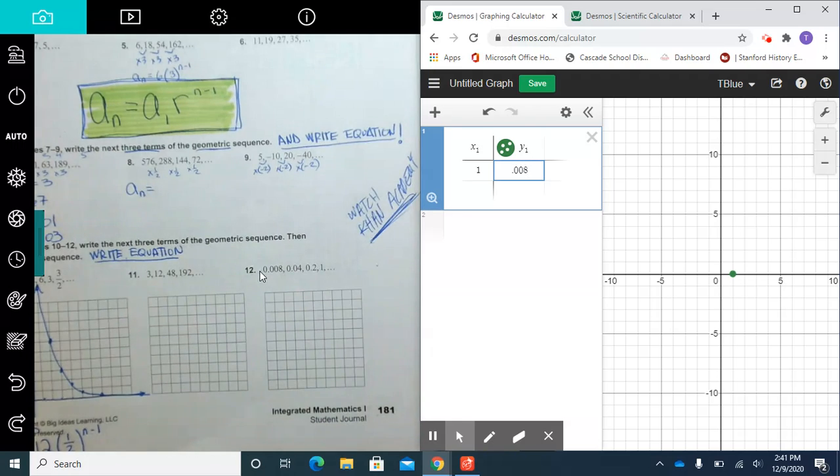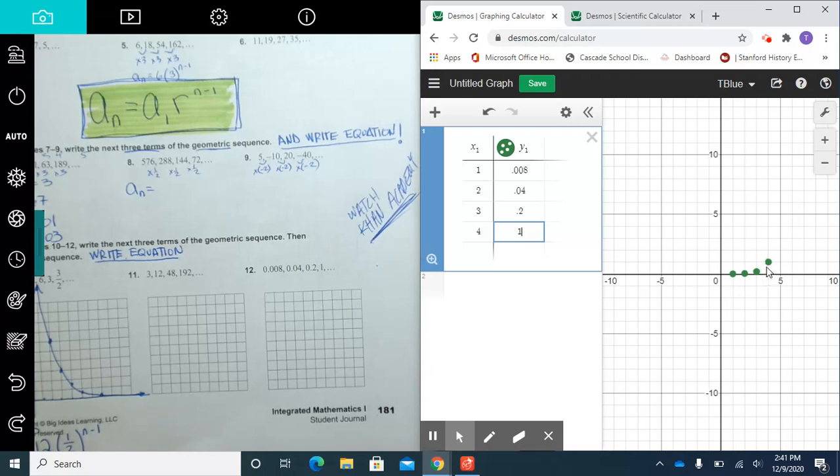My second term is 0.04. My third term is 0.2. My fourth term is 1.